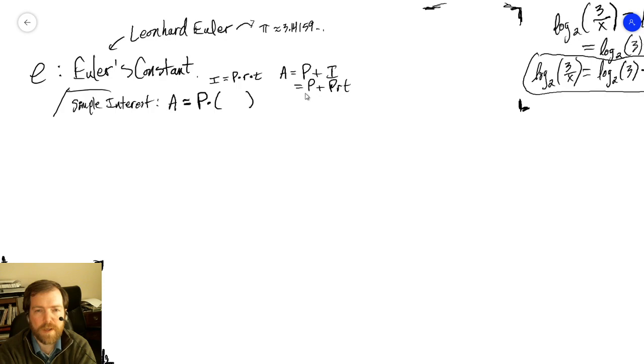You can factor out a P, and that becomes P times (1 plus RT). So this is your simple interest formula.